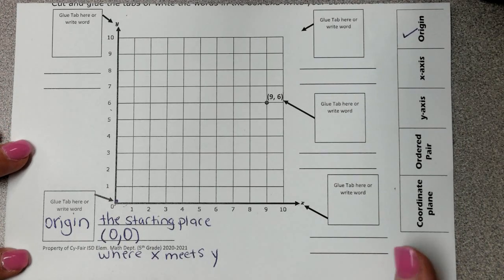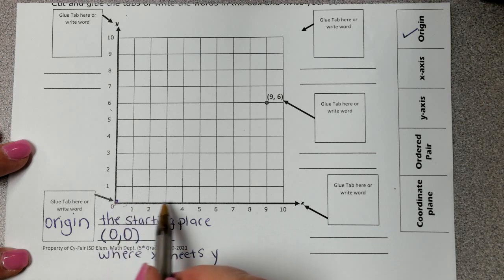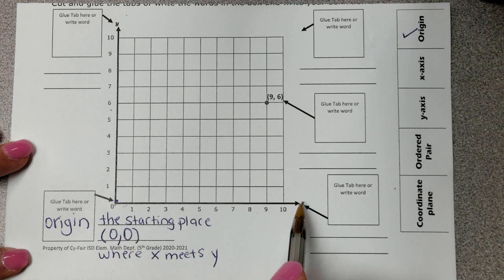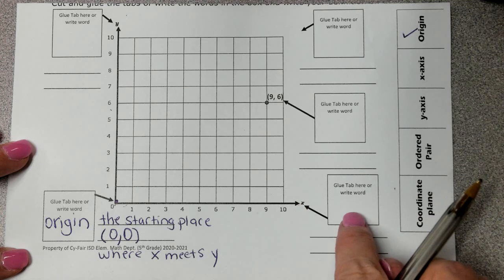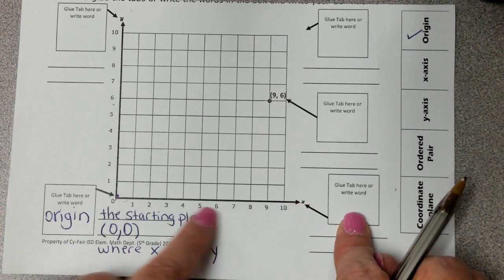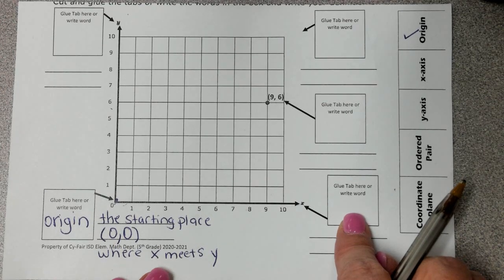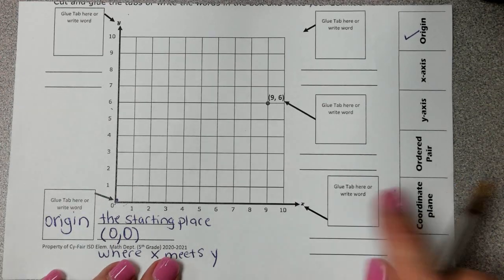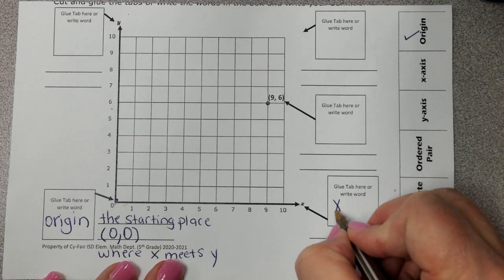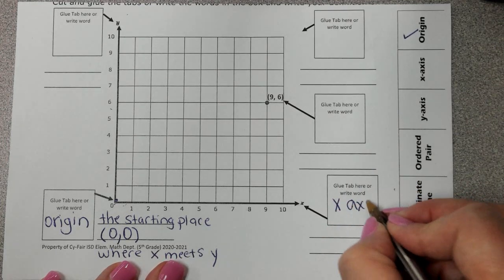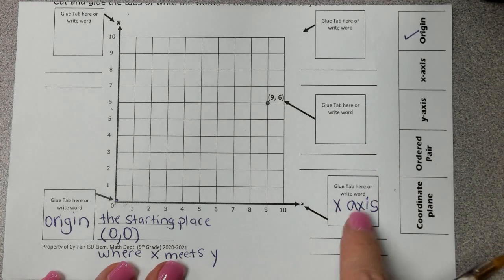The next thing I think we should talk about is this starting line that goes side to side, labeled with an X. What term do you think we might call this line with an X on it? What do you think might be a good idea there, Nathan? Yep, let's call it the x-axis. Axis is just a fancy word for line.